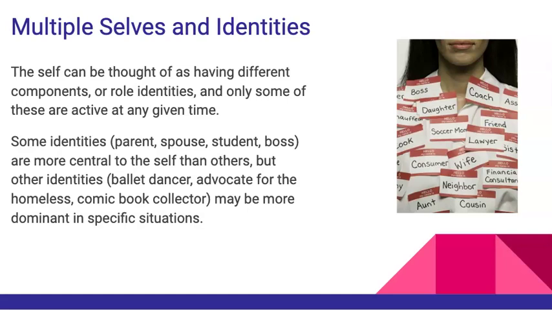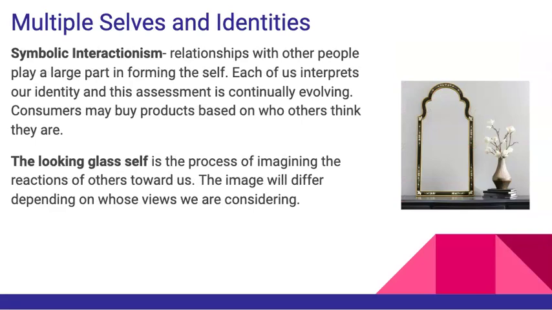But there are some identities such as parent, spouse, student, boss that are more central to ourselves than others. Ballet dancer, advocate, comic book collector may be more dominant in different situations. So just thinking about different versions of ourselves, where we might have to dress differently depending on the role we're playing at that given time.